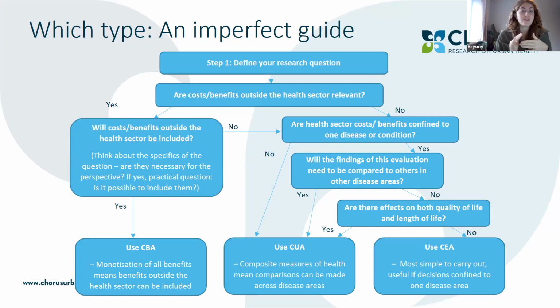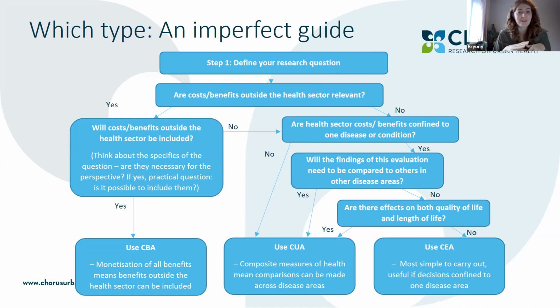So you might go through this flow chart and end up with a recommendation of, for example, conducting a cost utility analysis. But as you think about it, you may actually decide that because of feasibility in collecting data, or what's going to be the most useful for decision makers, a different type of evaluation will actually be better in your context.